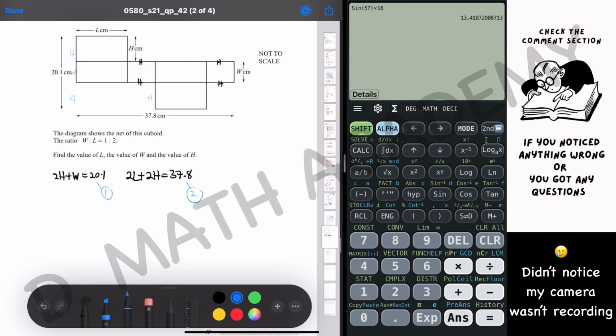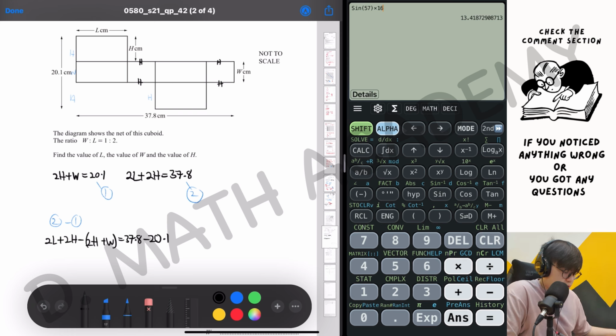Okay, and then I say 2 minus 1, you will get your results as 2L plus 2H minus 2H plus W equals 37.8 minus 20.1 here. So from here onwards, we can then proceed with our calculation.